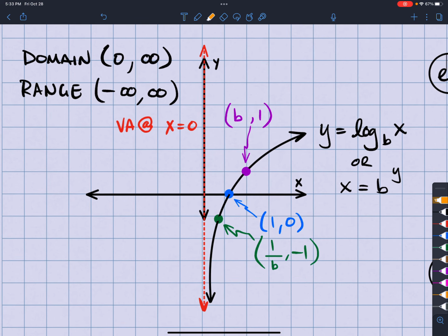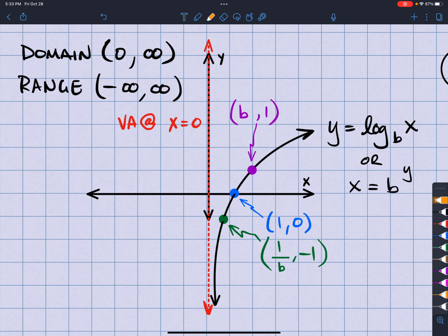This is the graph of log base b of x, or x equals b to the y. And what we have here is a point (1, 0). That means if I take the log of 1, which is my x, it will equal 0. So that point right there is what this statement is showing. I highlight those two in yellow.